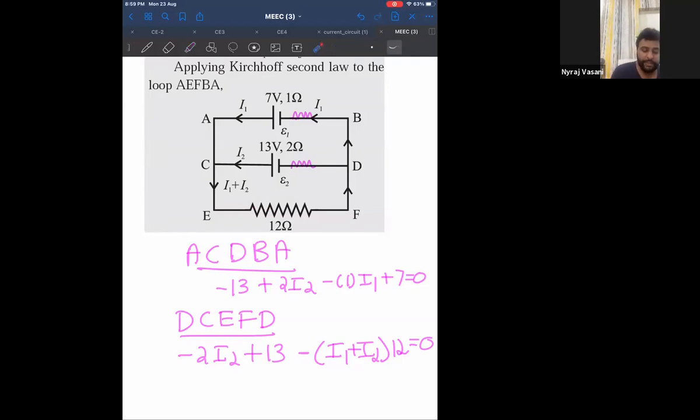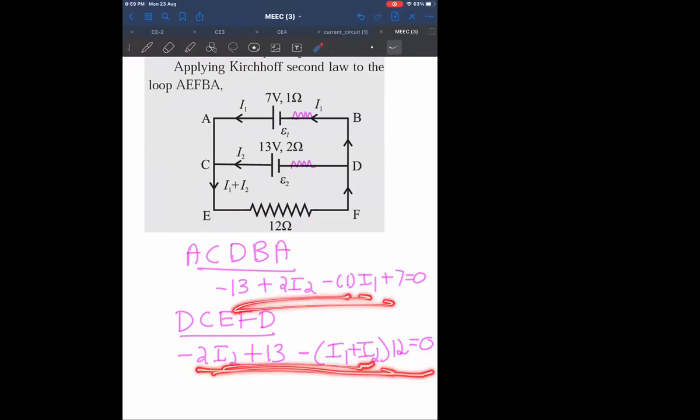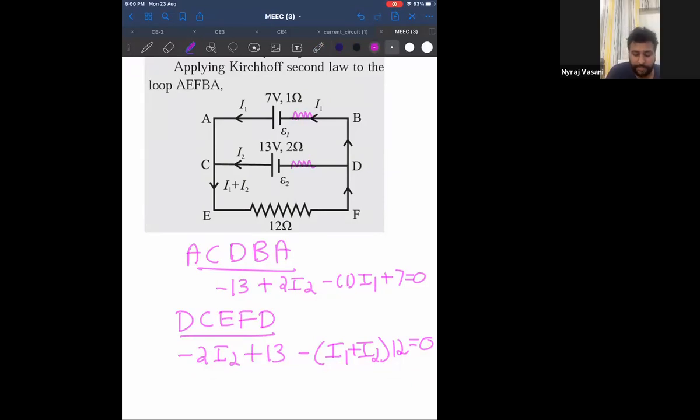Now, tell me, did you understand how this equation came? Yes. And how did this equation come? Now, looking at these, don't put the answer in the message. Tell me if you can manage. Okay, I will go the other way around.